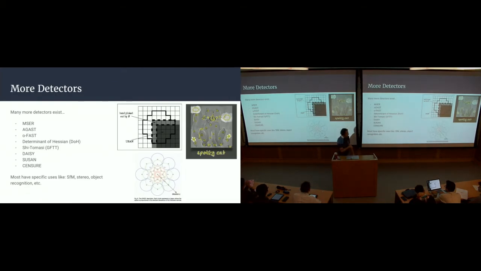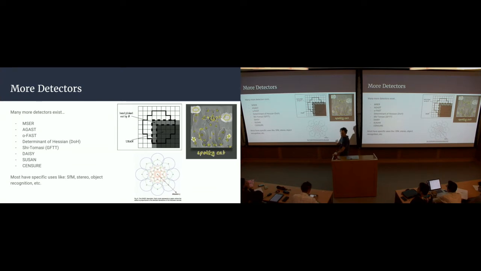More key point detectors exist. I'd venture to say that there are dozens. Some of the more well-known ones are MSER, the maximally stable extremal regions, AGAST, OFAST. OFAST is basically oriented FAST. It's a regular FAST key point, with the circle around a center pixel like we saw before, but with orientations from, I believe, the determinant of the Hessian matrix.